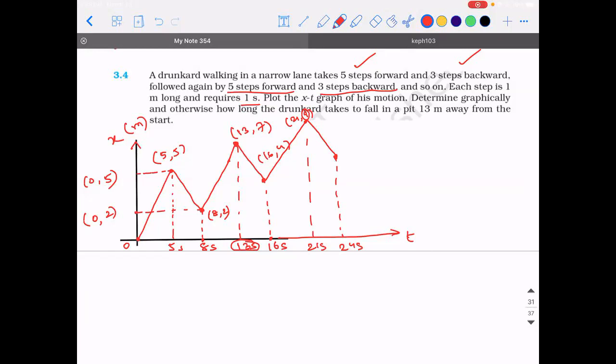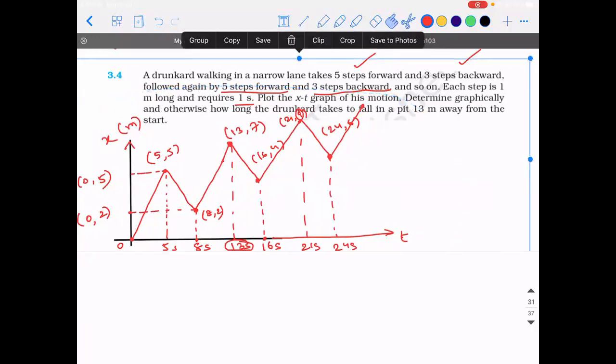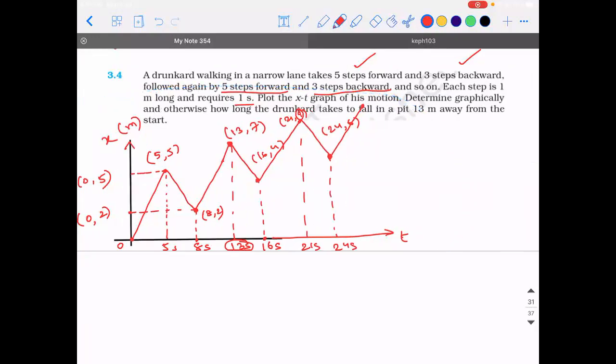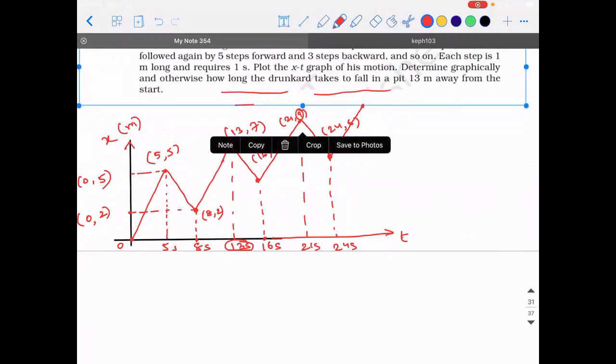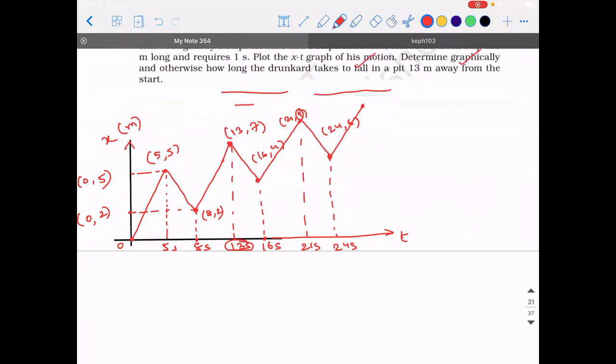By the end of 24 seconds, he will be at 6. Yes, (24, 6). After that, where will he go? He will go to 11, so he will be at (27, 11).